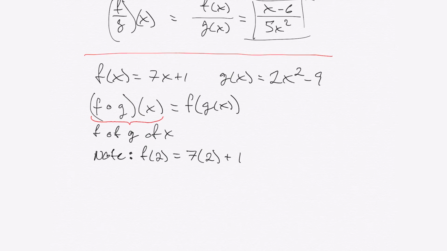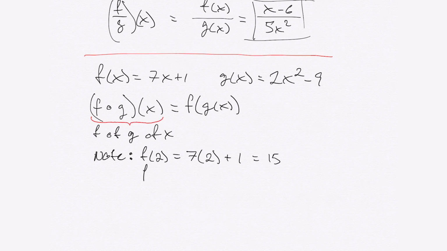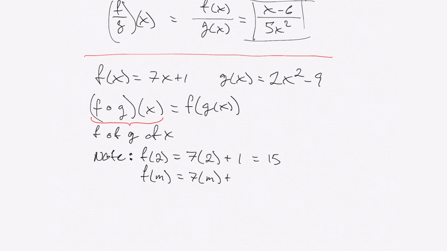And then we do some arithmetic and we get an answer of 15. Great. I could replace my x value with something random like an m, and we would get 7 times m plus 1, and there's nothing we can do with that, so we'd get a final answer of 7m plus 1.